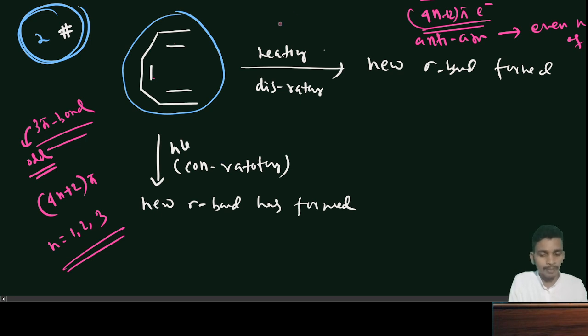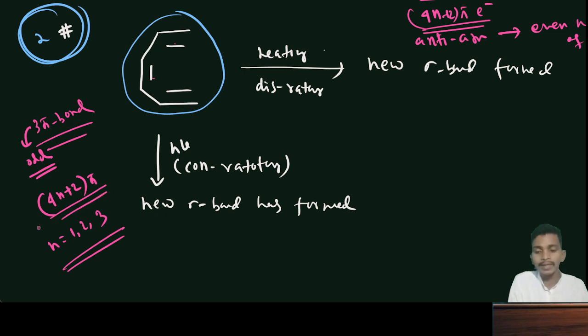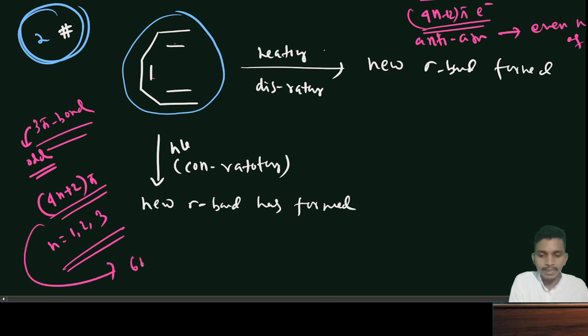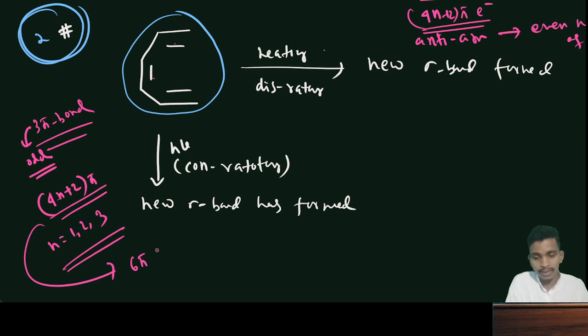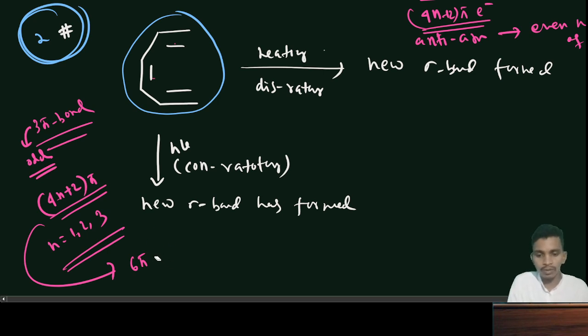This is the aromatic character. If it has an odd number of pi bonds, it follows 4n plus 2 pi. If n is 1, then 4 times 1 plus 2 is 6 pi.